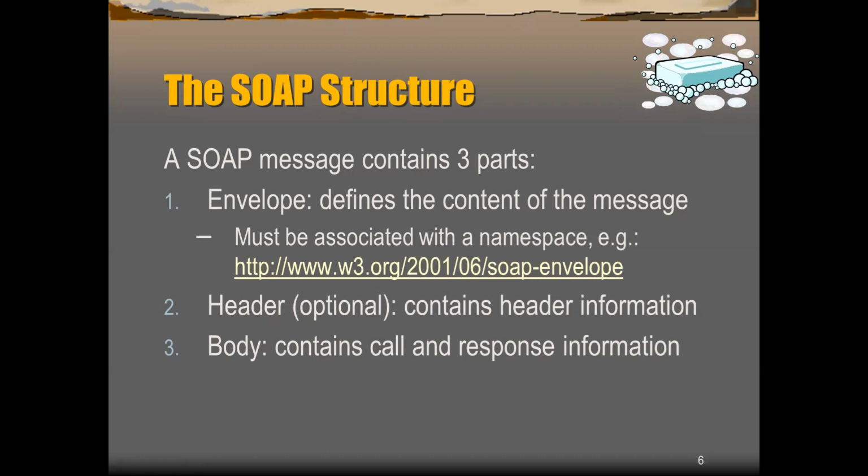The envelope must be associated with a namespace called SOAP envelope. I hope you know the purpose of a namespace: to avoid naming conflicts in XML, we use the concept called namespace. For the envelope, we have to use the namespace w3.org/2001/06/soap-envelope. And the body will contain the call and response information. So this is the structure of a SOAP message.